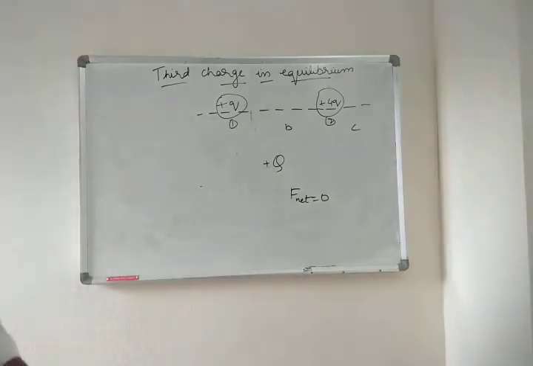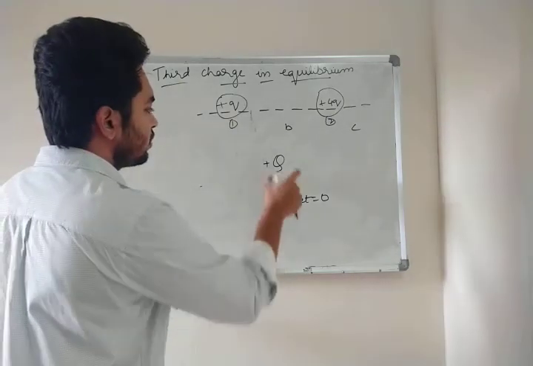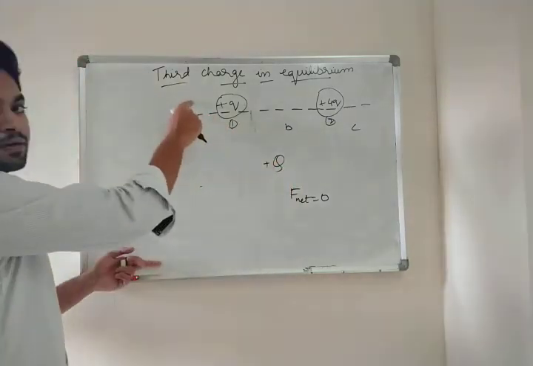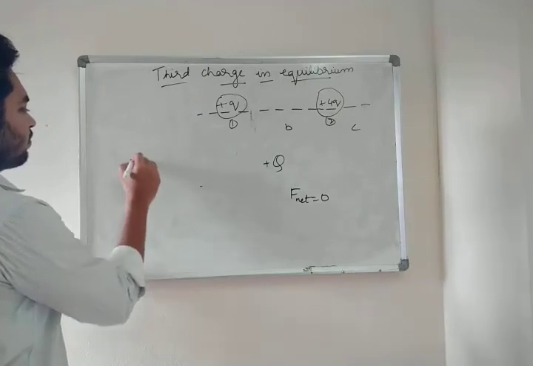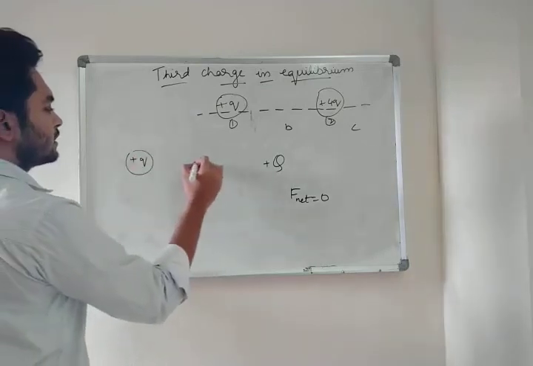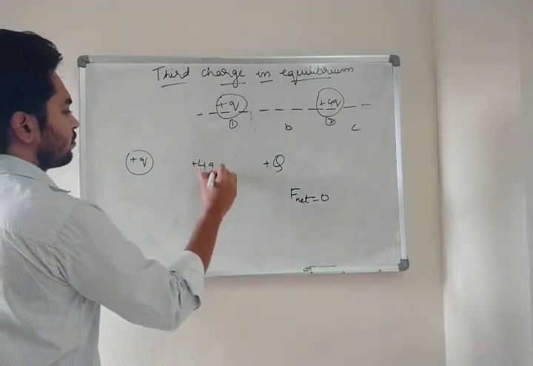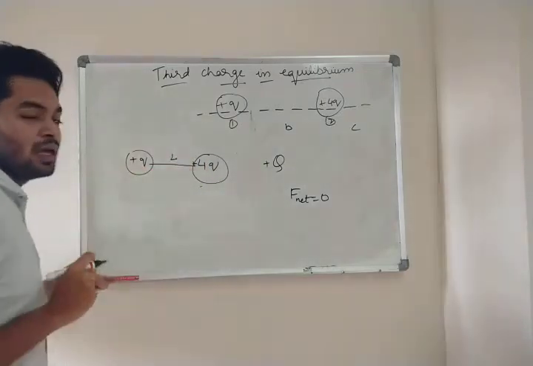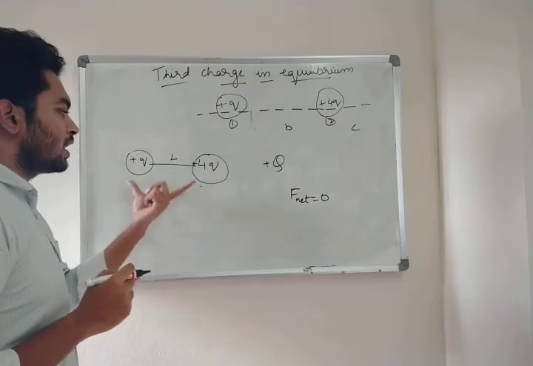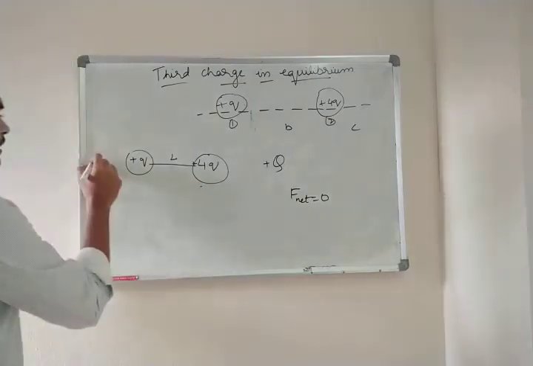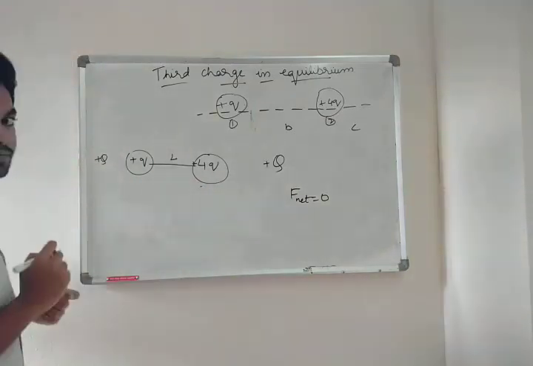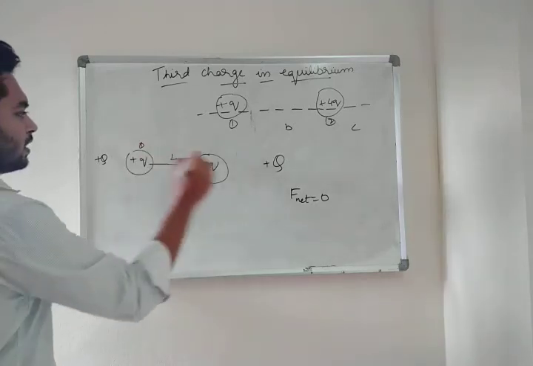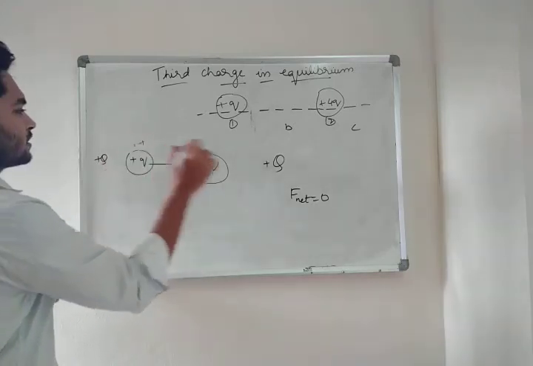And regarding this sum, suppose let us assume this q I will put it here. This q, positive q, and this is plus 4q, and the distance between them is capital L. The distance between these two charges is capital L. Now I am assuming this positive q here, and this is first charge, this is second charge.